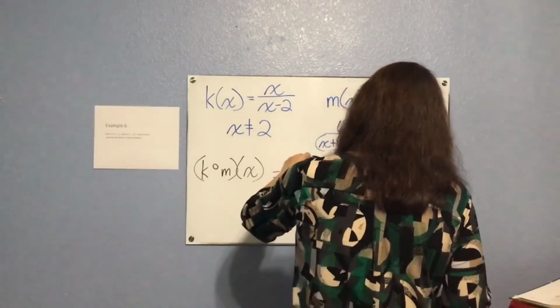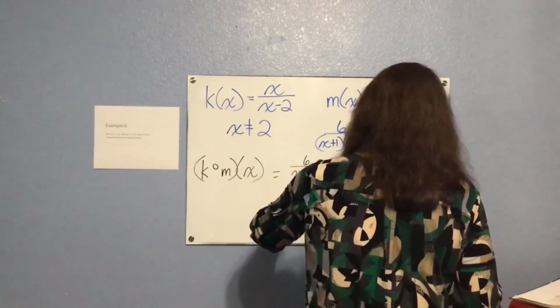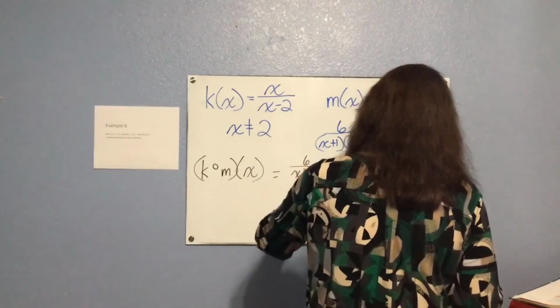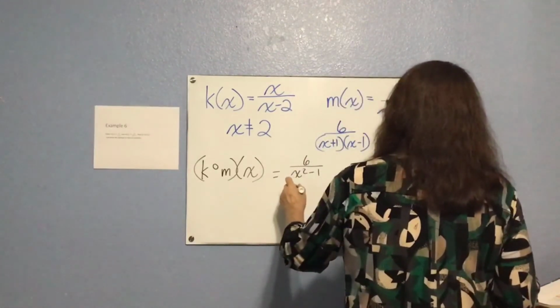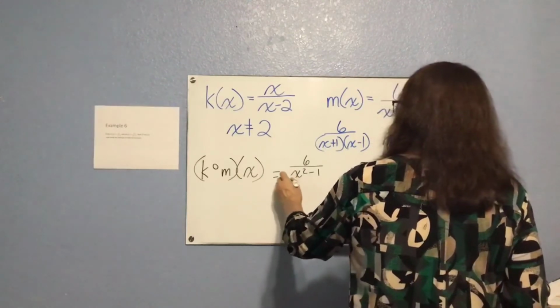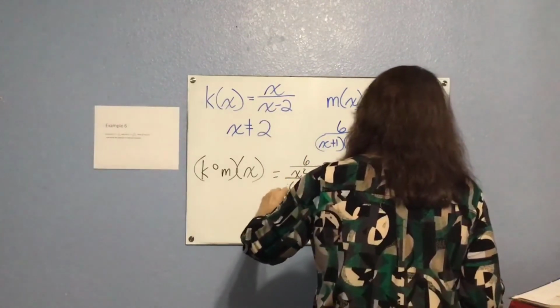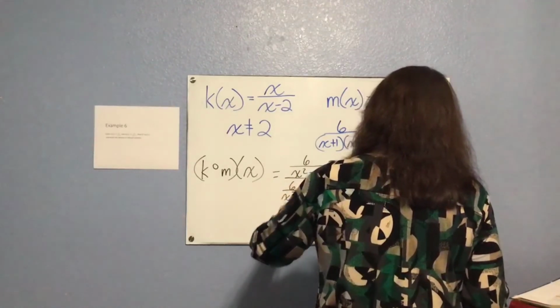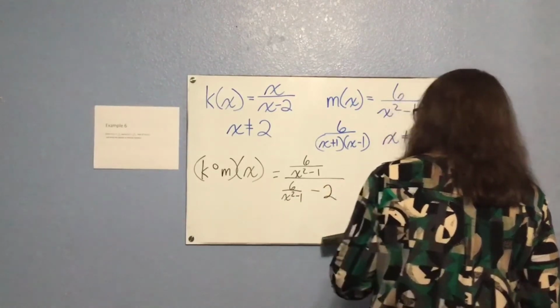So we're going to have 6 over x squared minus 1, and then over, we have to write the same thing again, 6 over x squared minus 1, and then minus 2.